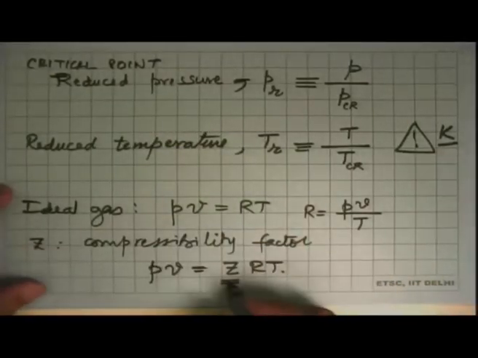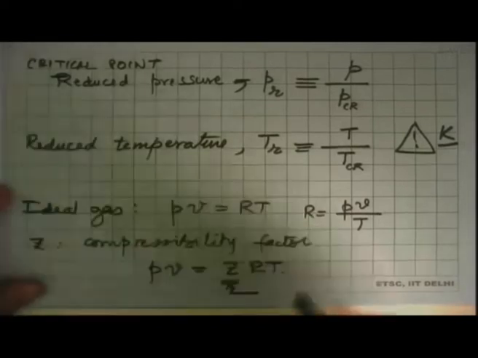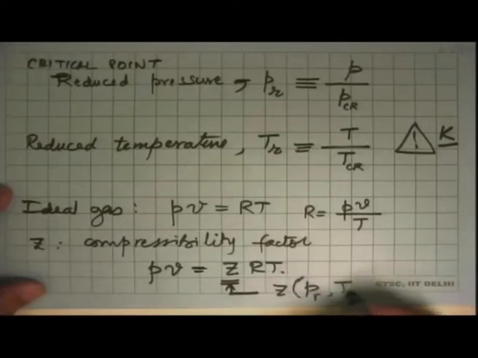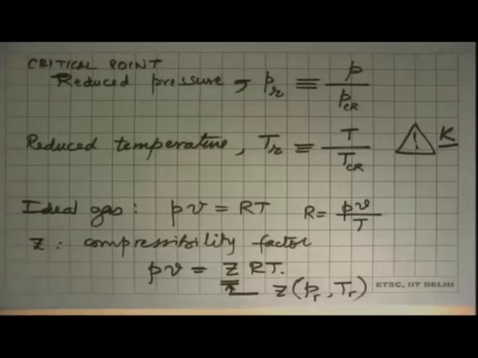Okay, so then we say, look, I'll make some correction, and that amount of correction that I need to make, this is a function of the pressure and temperature, or here we will put reduced pressure and reduced temperature.